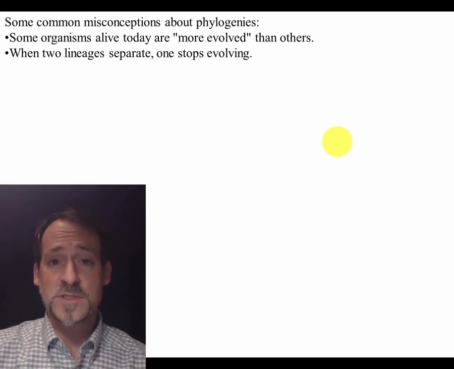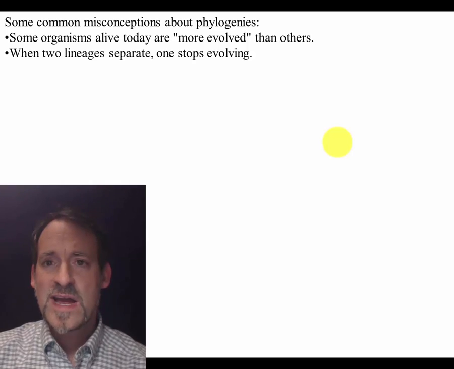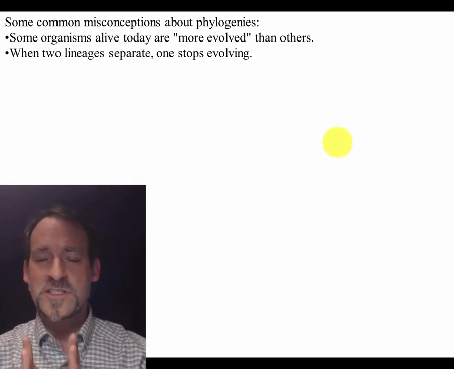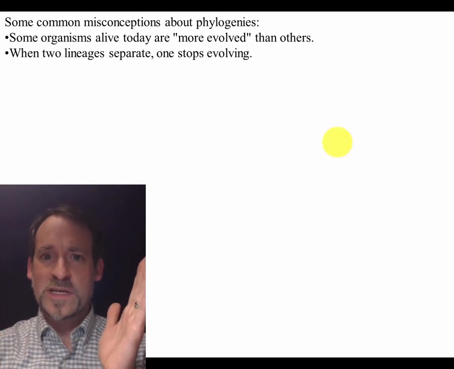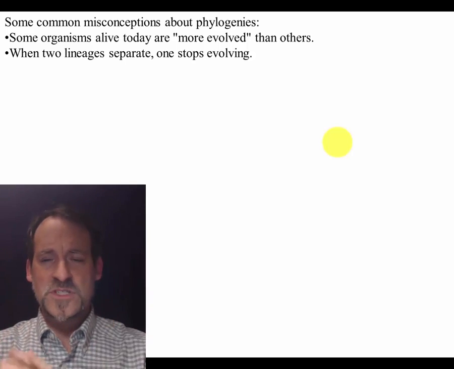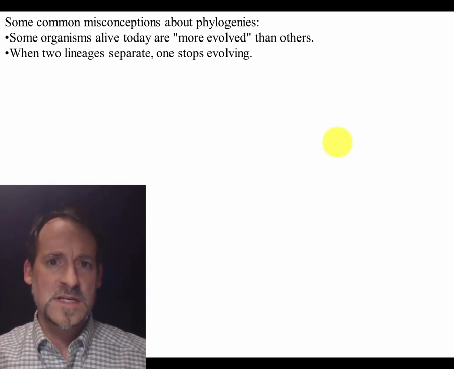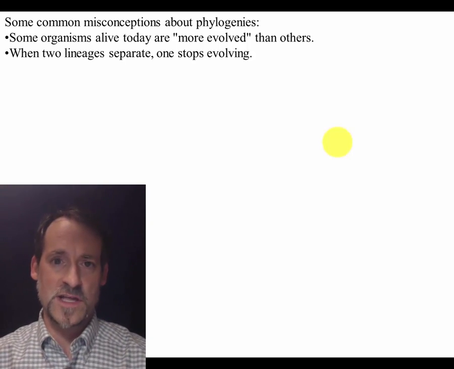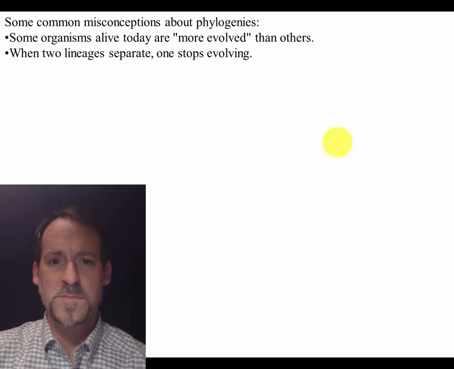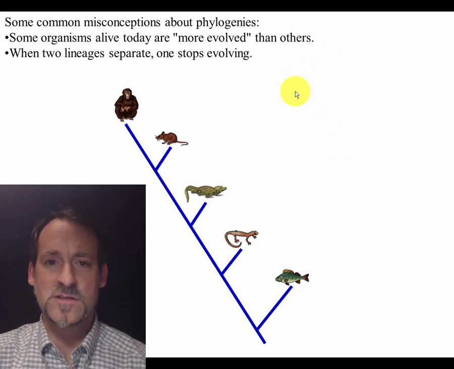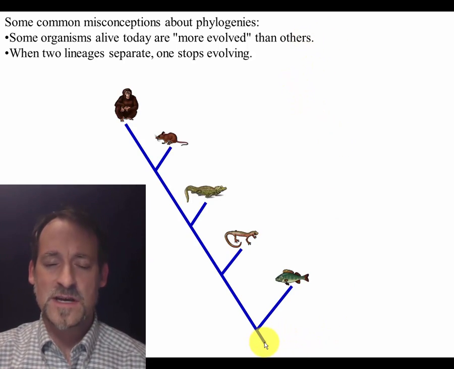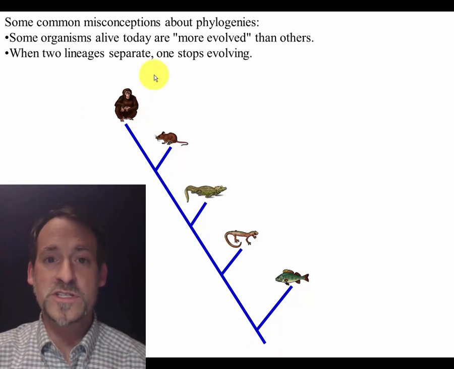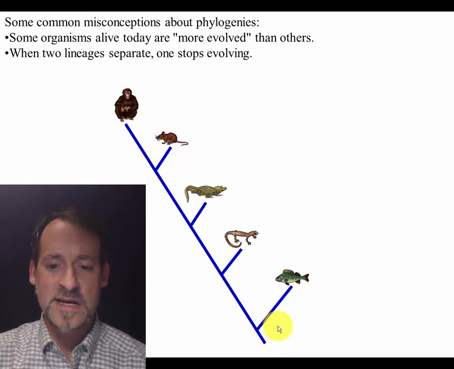Another common misconception is that when you have a phylogeny and two lineages separate, one of them just stops evolving. And this is often where we get the idea that some lineages on a phylogeny are more evolved than others. Students often have this idea, particularly because, again, we're most interested in the species that are similar to us.